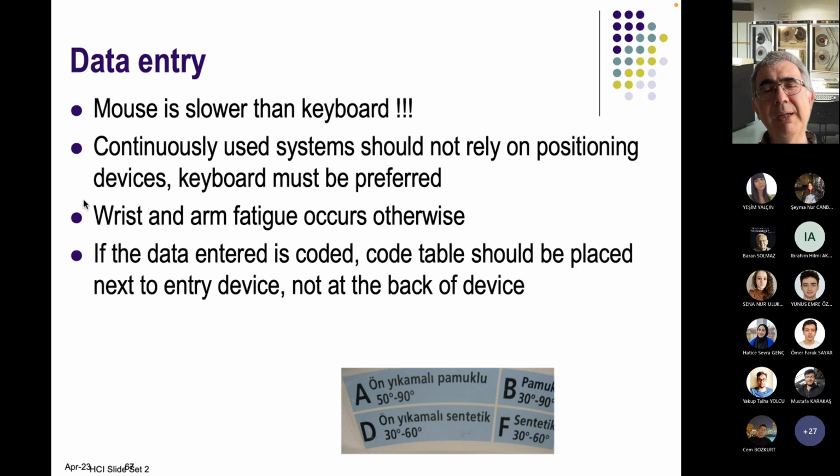Therefore, moving from one field to another field should be done by the keyboard, not with the mouse, with the tab key. Also, when the new page comes, the focus must be in the first data field. If the focus is on the page rather than the field, when you start typing, nothing happens.